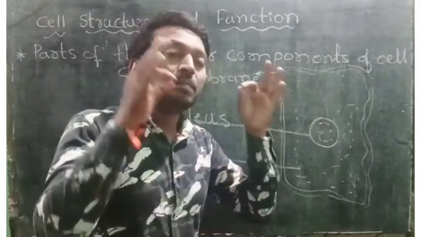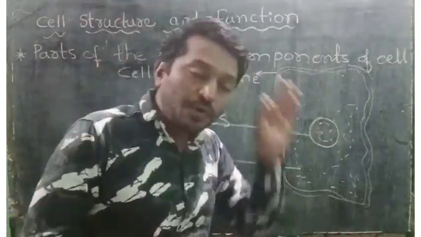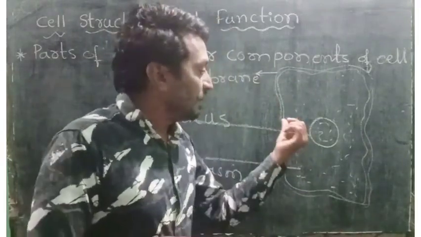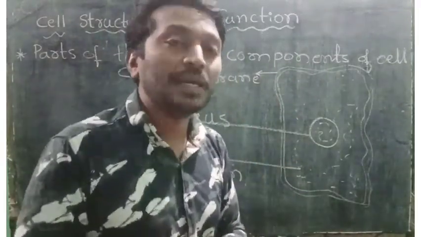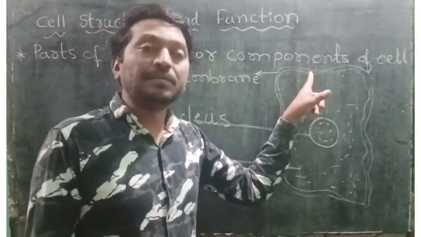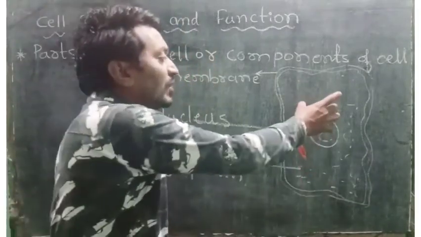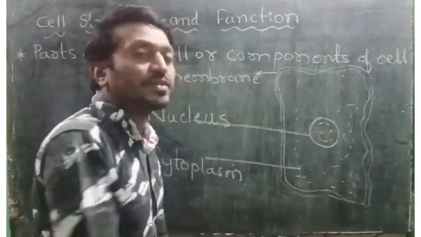This is the main function of the cell membrane. For this reason the cell membrane is called a semi-permeable membrane, or a plasma membrane, right, my students?